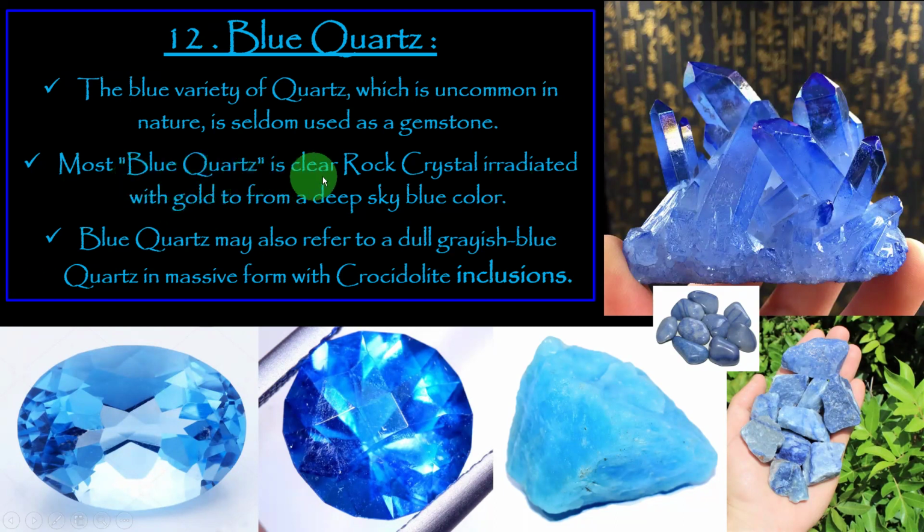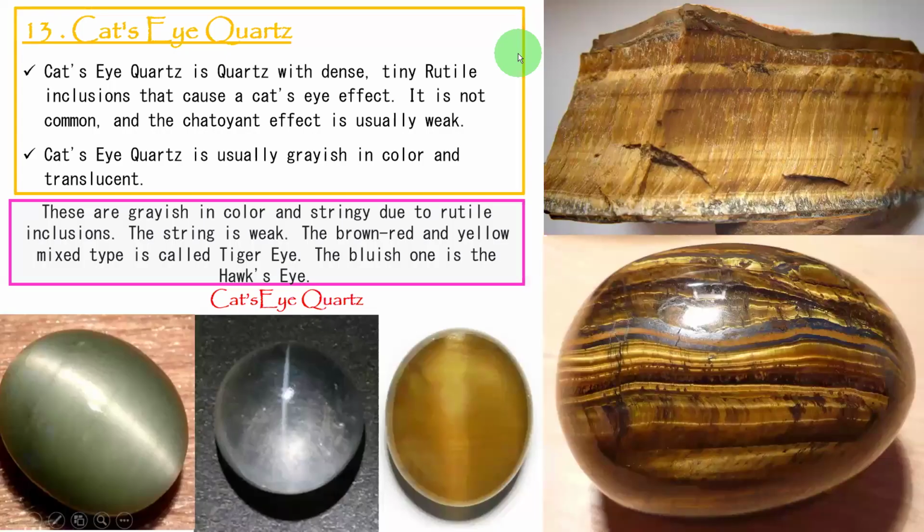Blue quartz may also refer to a dull grayish blue quartz in massive form with prosidolite inclusions. These are the prosidolite inclusions rich blue quartz, massive forms. So it is new to you, blue quartz.